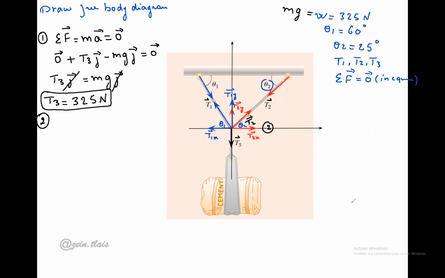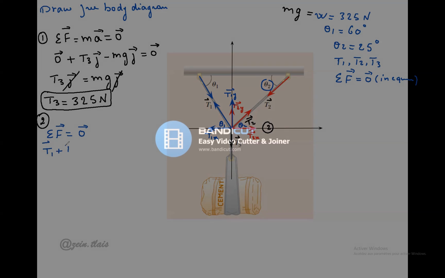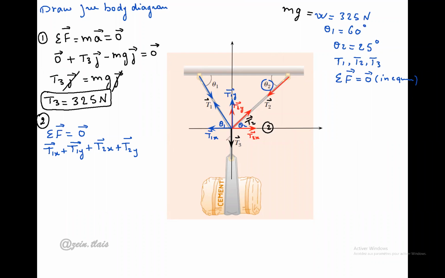We come back. Now, I want to calculate the summation of F on the object. Summation of F equals 0 in equilibrium. What we have on the system: we have T1 plus T2, and we have T3 down, so plus T3.